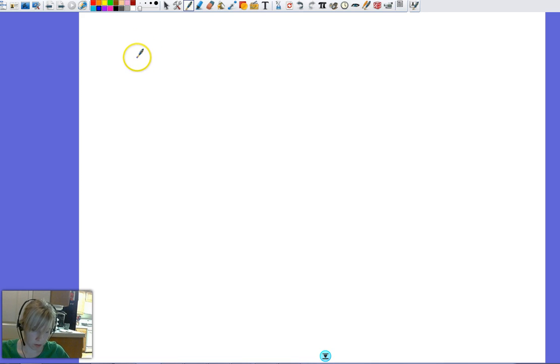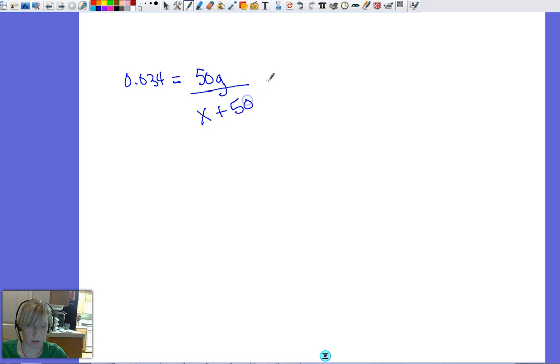Our next concentration problem: how much water is used to dissolve 50 grams of sugar to make a 3.4% solution. So we have 0.034 equals 50 grams over x plus 50. It's the same as the other one.